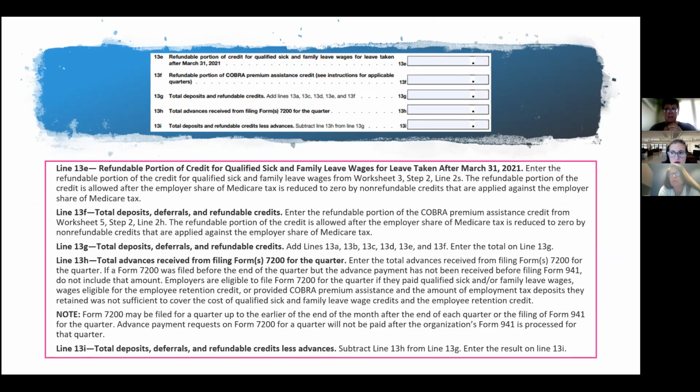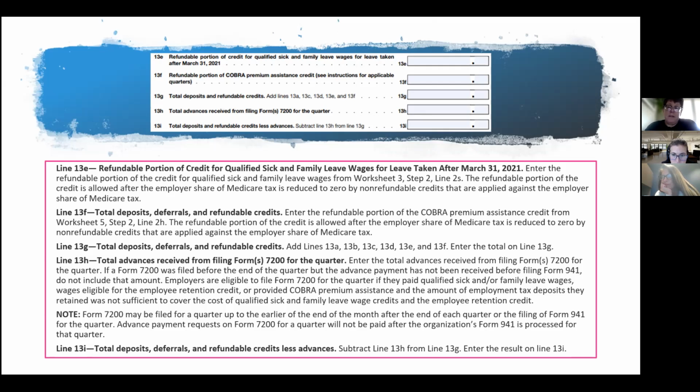This is where you're going to have the refundable portion of the COBRA premium that you get off of worksheet 5, and the refundable portion of the credits that are allowed after the employee share of Medicare taxes is reduced to 0 by non-refundable credits. Line 13G adds it all up together.